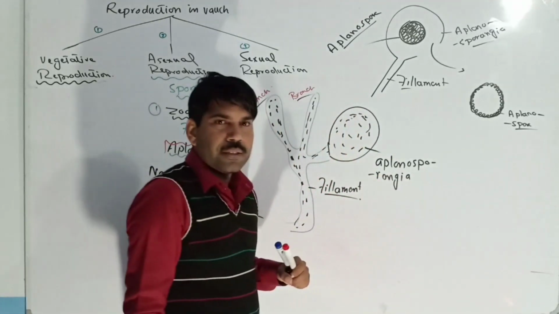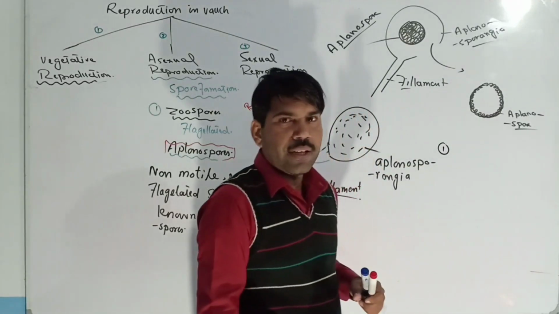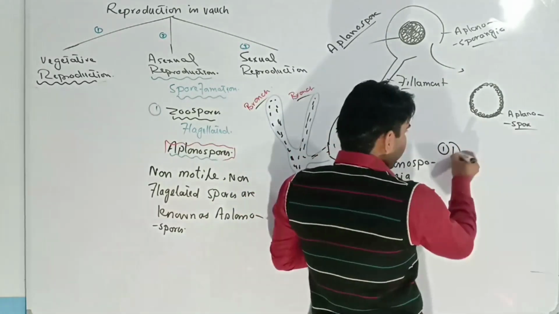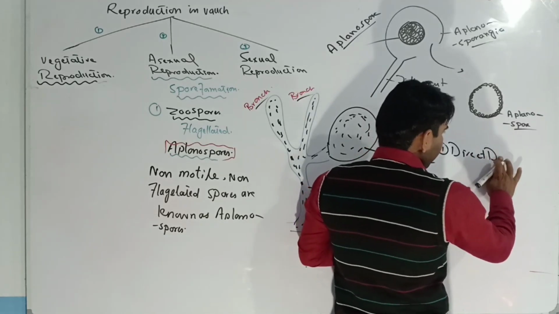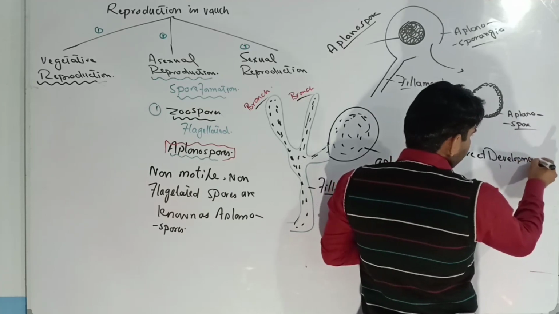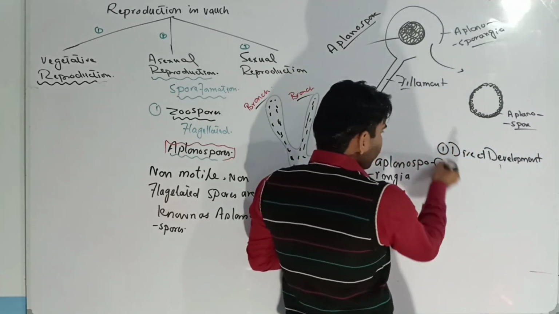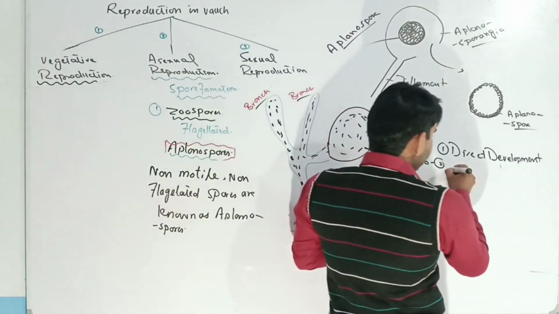Number one method is known as direct development. And number two is known as indirect development.